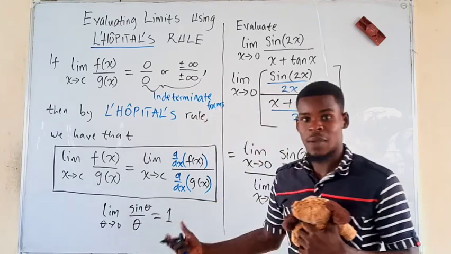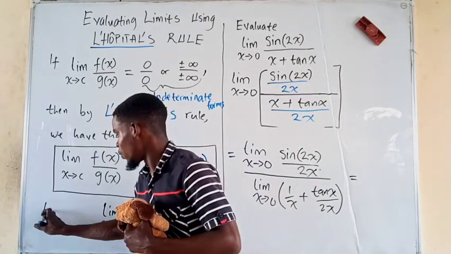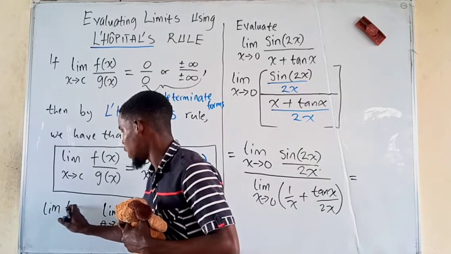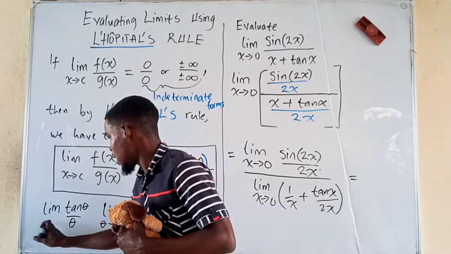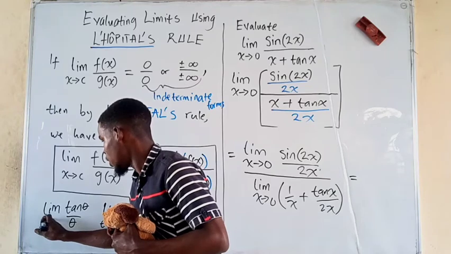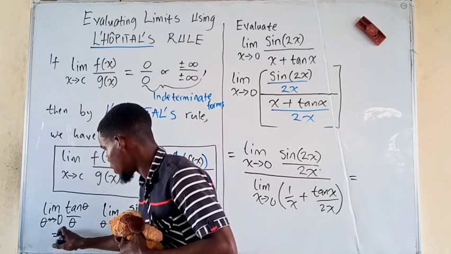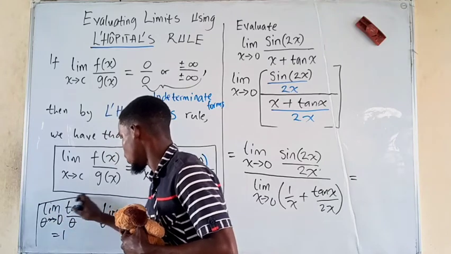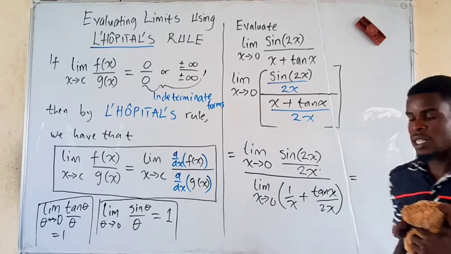We can prove this using geometry. Also note that the limit of tangent of theta over theta as theta tends to 0 is still 1. So we're going to use those things.